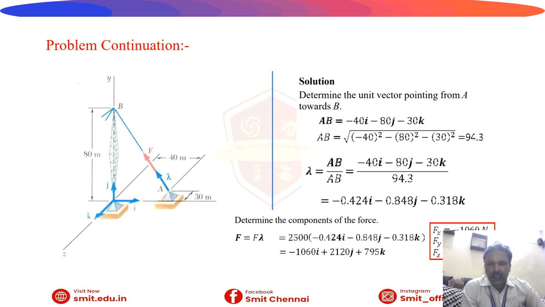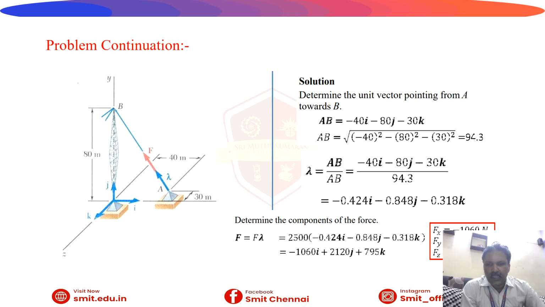Then finally apply the formula, taking the square of all the components of i, j, k, then take the square root. What is lambda? Vector AB by modulus of AB. The numerator is the same thing you wrote at the top, divided by 94.3. Dividing 40 by 94.3, you will get minus 0.424 i minus 0.848 j minus 0.318 k.